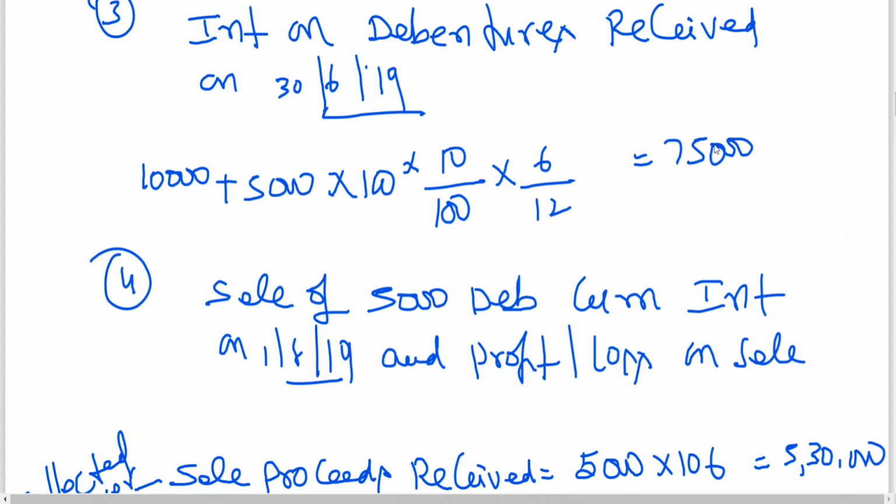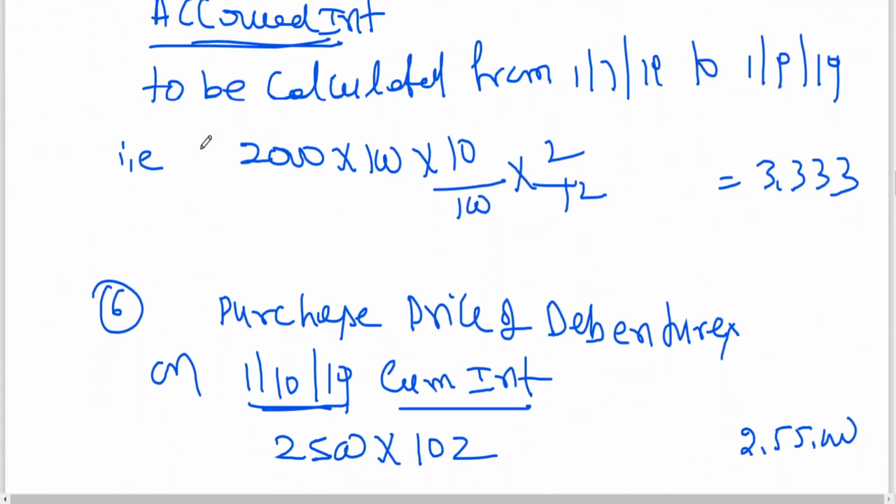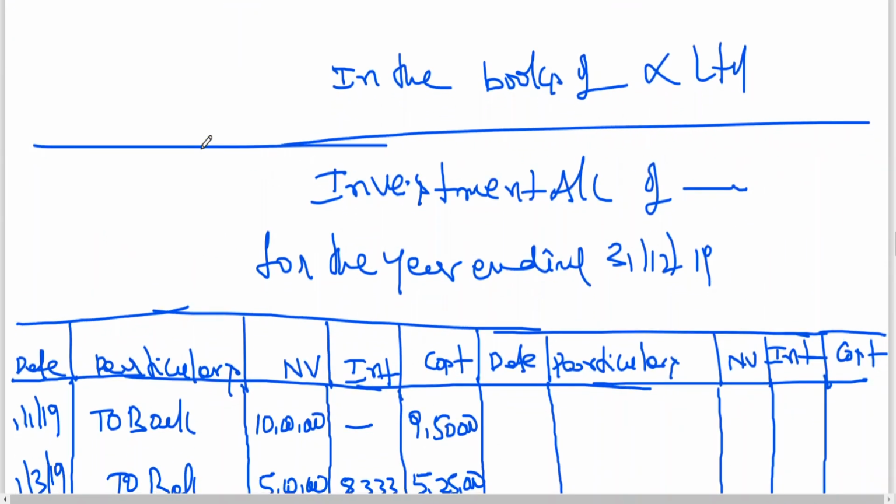Coming to 75,000. If you want, you can cross check once. 10,000 plus 5,000, 15,000 into 100 into 10% into 6 by 12 is coming to 75,000. 75,000 is interest that is being received.